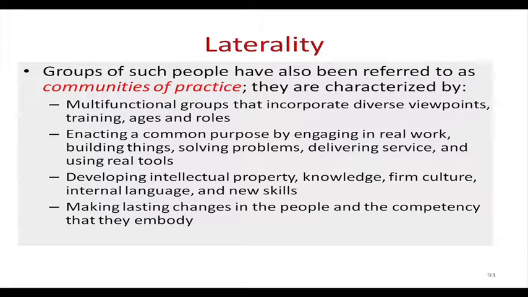And all of them work for a common cause, right. And when they are engaged in a project, they build it, they solve the problem, they deliver the services by using real tools. So, actually these kinds of teams could be called self managed, right. Why are we calling it self managed teams?